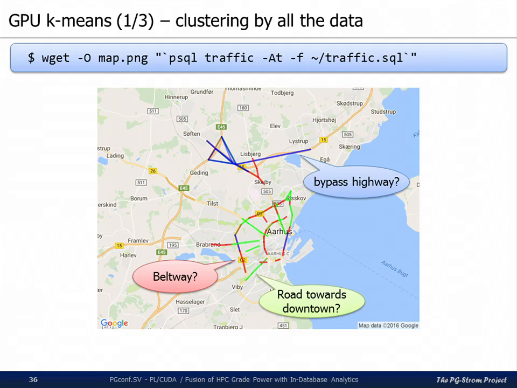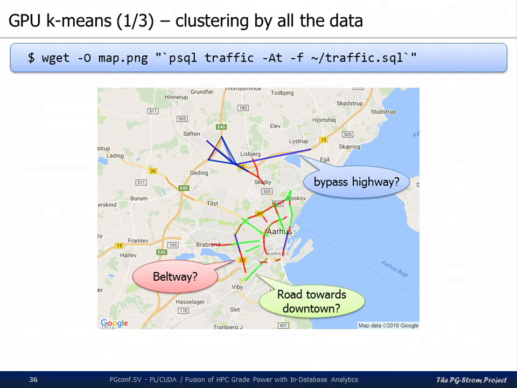Due to the restriction of Google Map, we cannot put entire lines, so it is a part of the categories. But it looks like the blue observation zone is a bypass or highway: cars run at high speed and in large numbers.